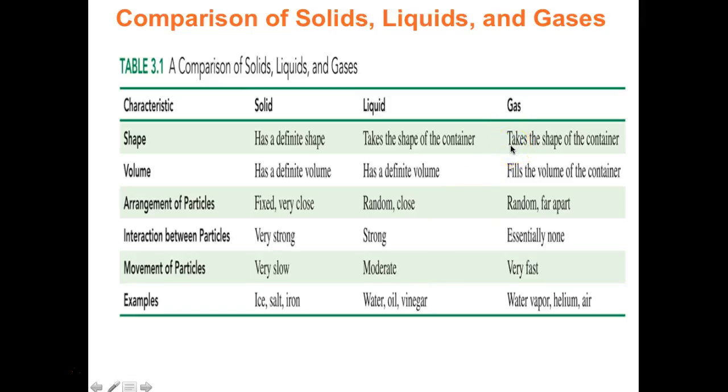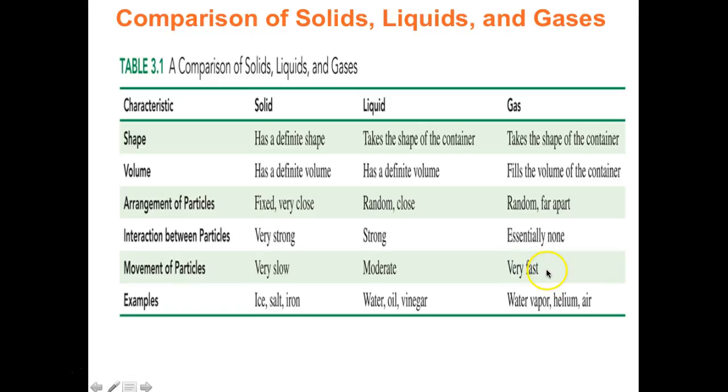Gas takes the shape of the container, and it doesn't have a definite volume. It just fills up the container in which you put the gas. The particles are very far apart, and so the interaction is essentially none. There's zero interaction between the particles, and it's very fast.